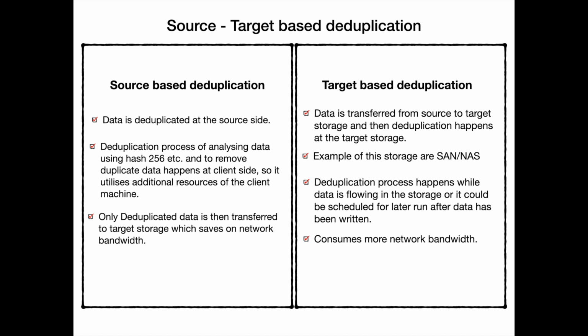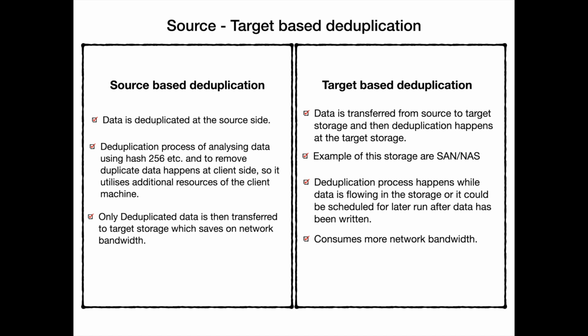Okay, let's go through what's written in here. In source-based deduplication, data is deduplicated at the source side, as the name suggests. The deduplication process analyzes data using hashes like SHA-256, etc. That is how it compares the data; it uses the hash, which could be 256 or a similar way to deduplicate the data.